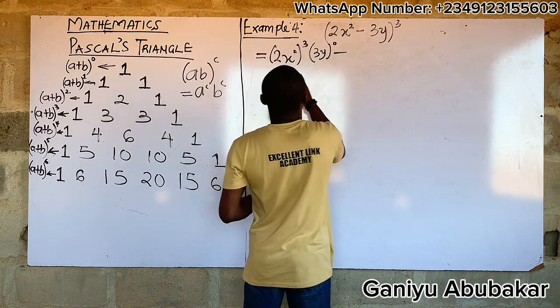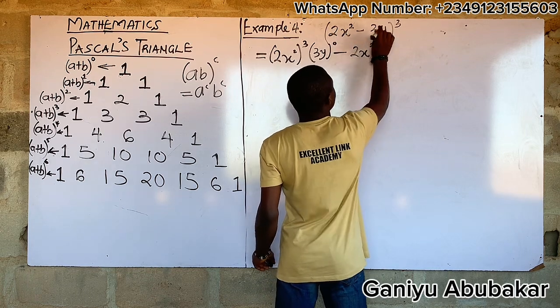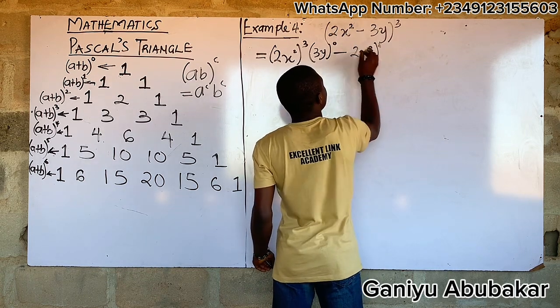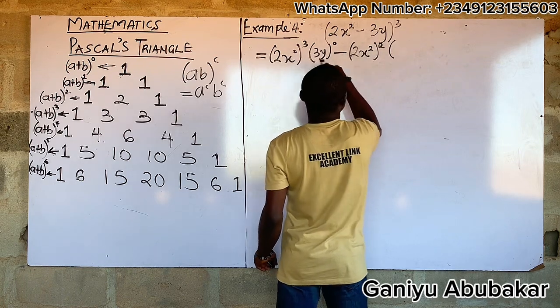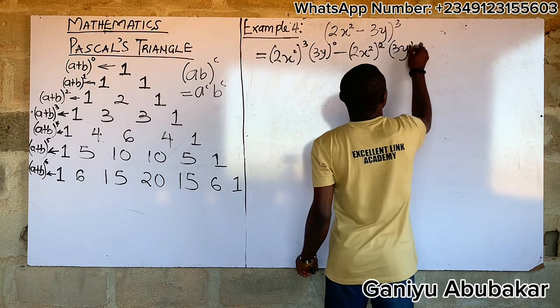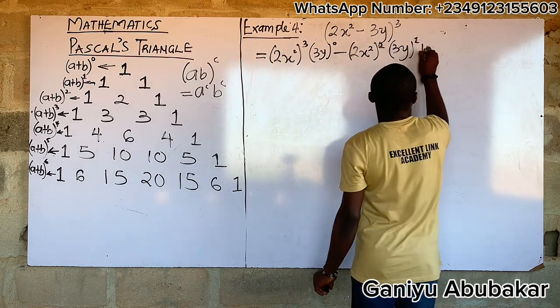So minus. So that reduces by 1. That's (2x)^3, (2x)^2 into, reduced by 1, that's squared, increase by 1, (3y)^1. Next up, this is plus, minus, plus.